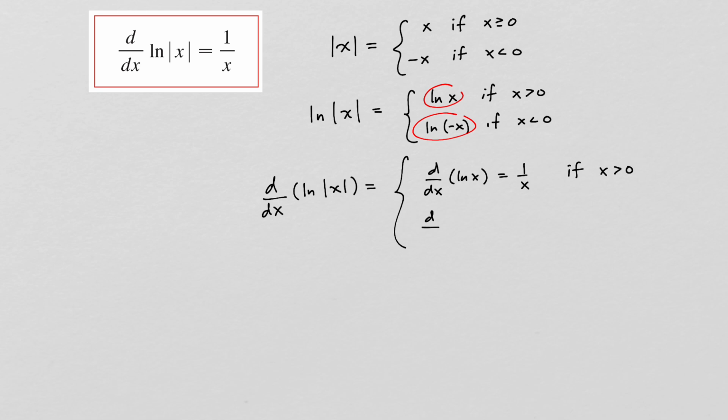And in the second part, it's the derivative of the natural log of negative x, which is 1 over negative x times the derivative of negative x, which is negative 1. And notice that this is also 1 over x. So the derivative of the natural log of the absolute value of x is 1 over x, just like the derivative of the natural log of x is 1 over x. So again, this will be important later on when we talk about antiderivatives.